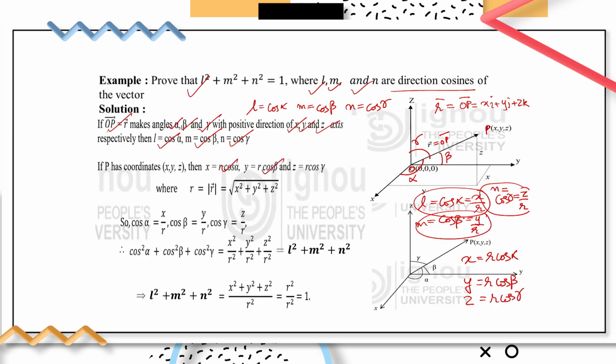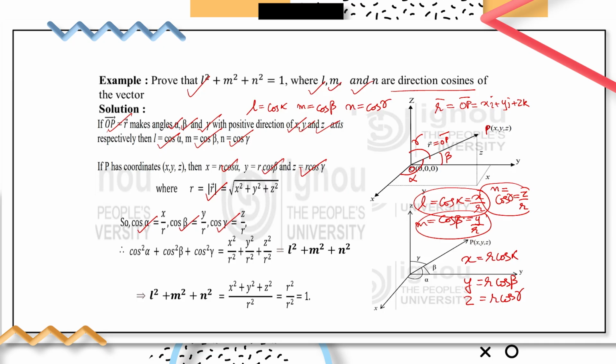So, you can express them in this manner. We also learned that the magnitude of r will be equal to square root of x square plus y square plus z square, and we already found that cos alpha is equal to x by r, cos beta is equal to y by r, and cos gamma is equal to z by r.